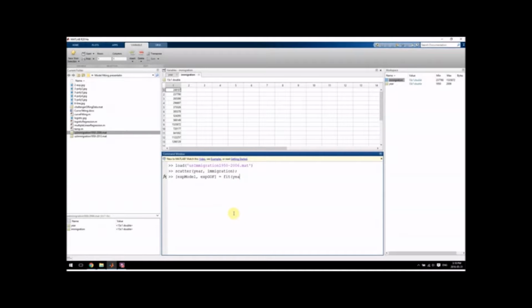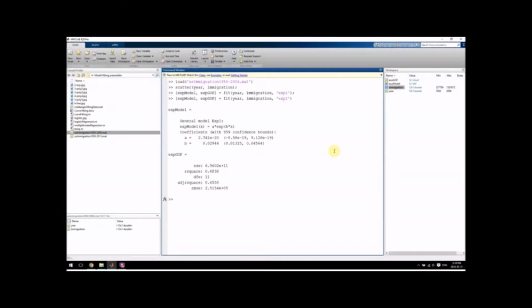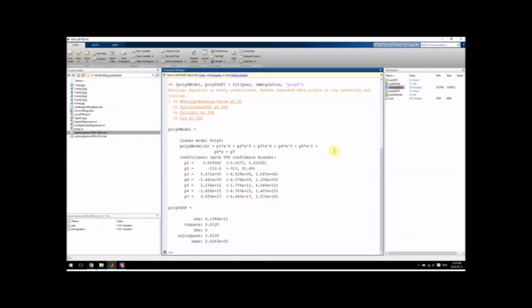So fit the immigration exponential model first. Try that again so we can see the statistics. There we go. Okay. Now let's go ahead and plot these models.